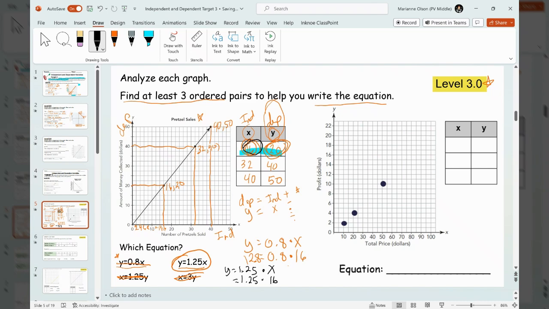And if it's the right one, what number should I get? That's right, up here it says 20 because that's my y. So 1.25 times 16 is 20. Yay! So that is our correct answer. So you can substitute in, which is a skill you guys have.